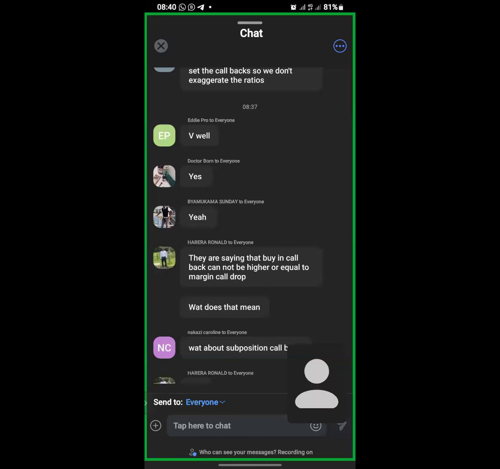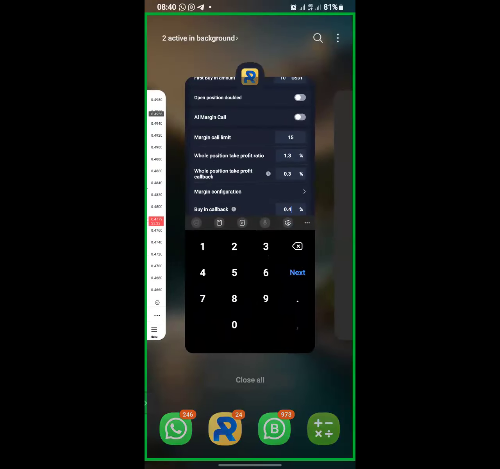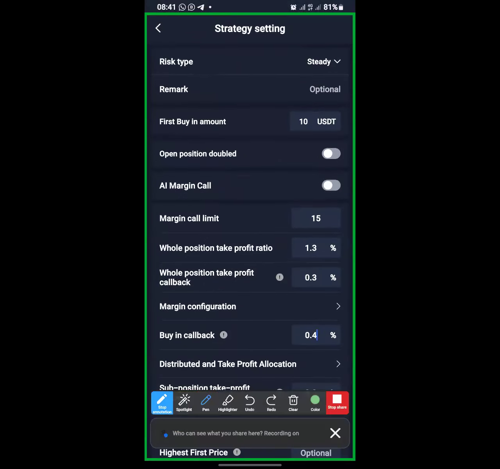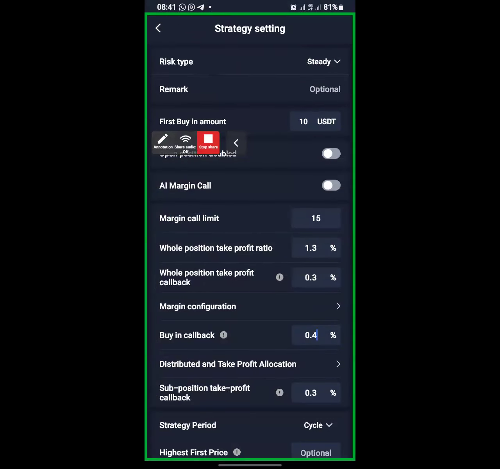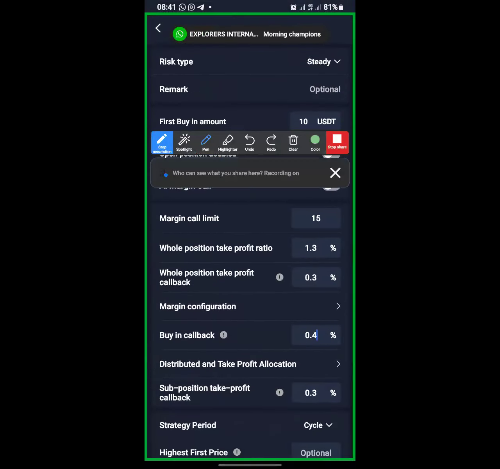What about sub positions? I'm getting to that. I want you to understand these settings, don't just cram them. Understand how they work. We've got what we call the sub position take profit callback.